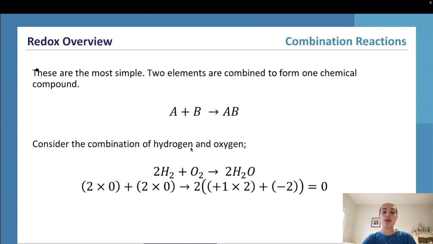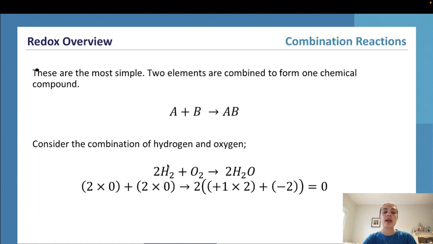And we can say that this is redox because hydrogen is going from 0 to +1, so it's losing 1 electron per hydrogen atom, whilst oxygen is going from 0 to -2, so it's gaining 2 electrons per oxygen atom.